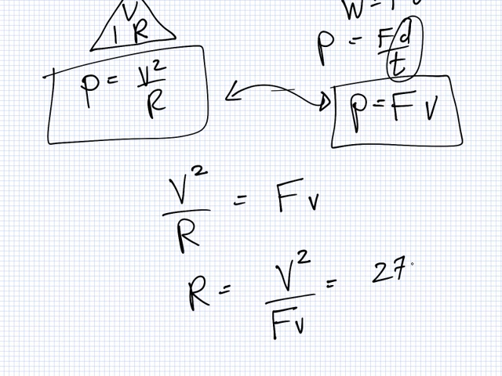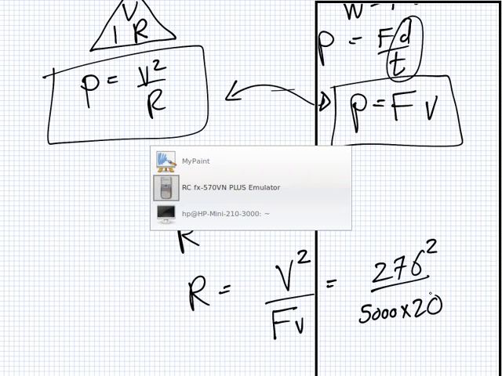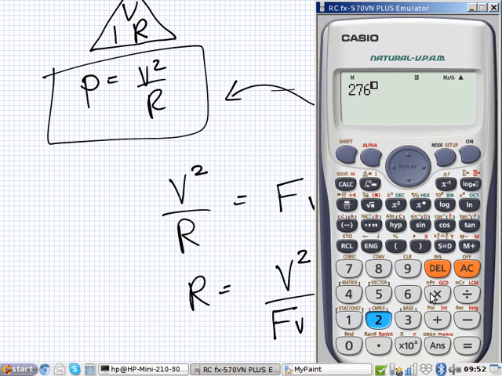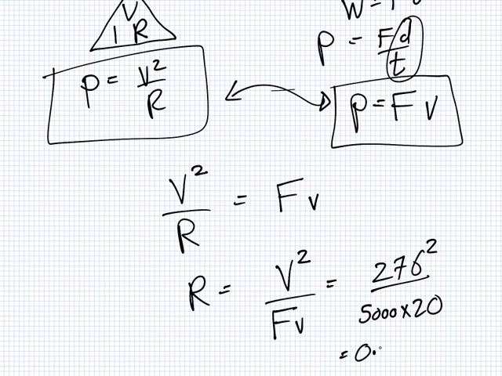So 276 squared over 5,000 times 20. 0.762. Yeah, you could look at this over a period of 1 second. That's fine too, because everything is constant here, a constant rate, I mean.